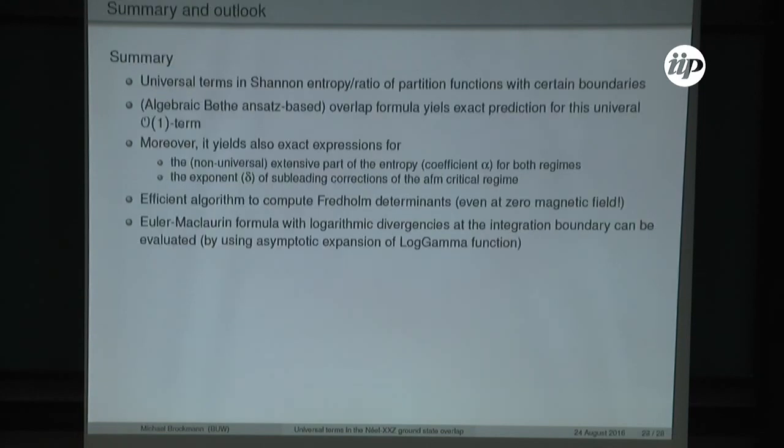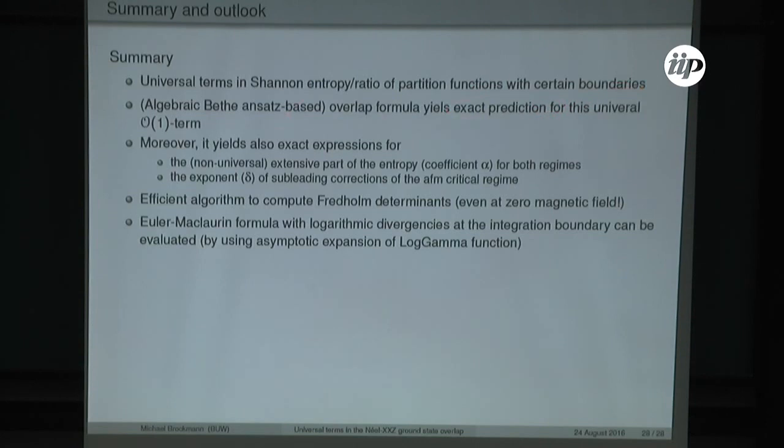So let me summarize. I've shown you that there are some universal terms in the Shannon entropy and in the ratio of partition functions with certain boundaries, which can be connected to the underlying conformal field theory. And then I used an algebraic Bethe ansatz overlap formula to get an exact prediction for this universal order 1 term.